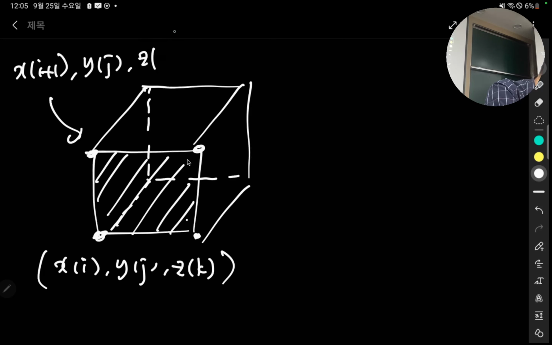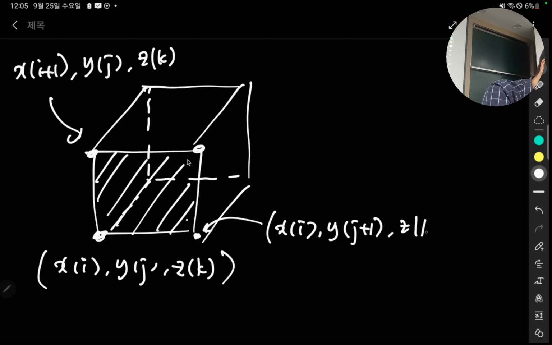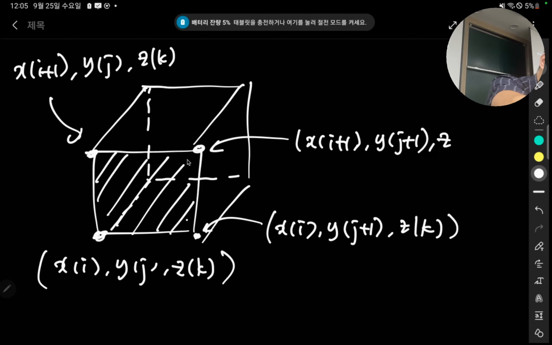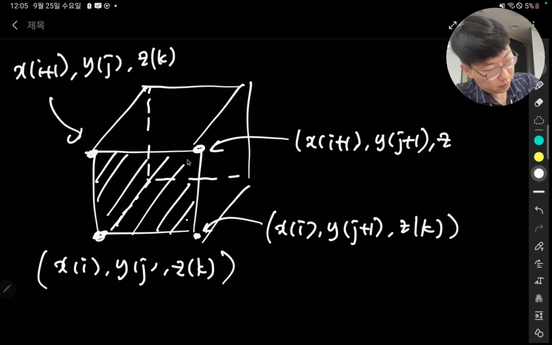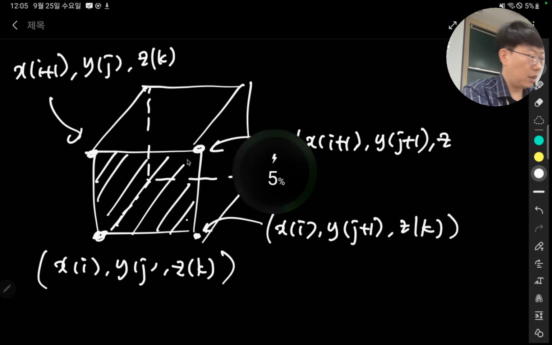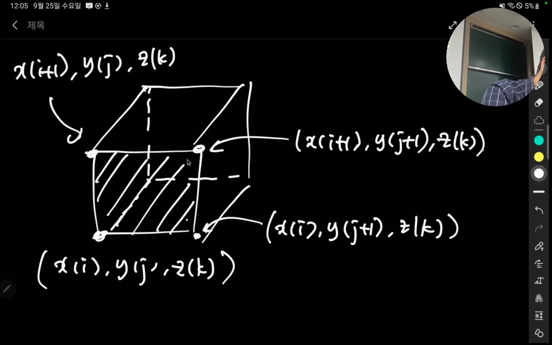Okay, and how about this one? Let's say this is x_i, y_j plus 1, and z_k. Okay, and how about this one? So this is x_i plus 1, y_j plus 1, and z_k, right?